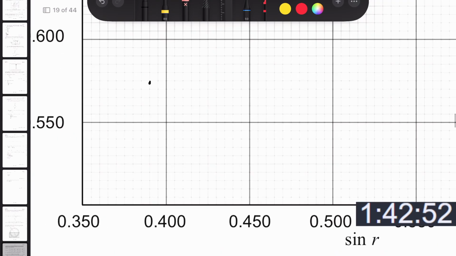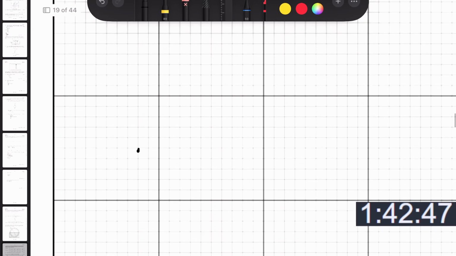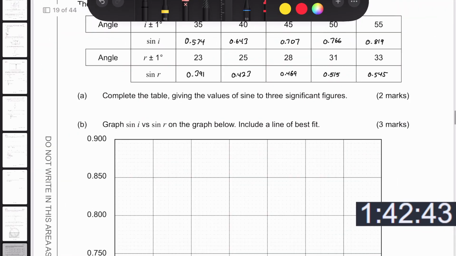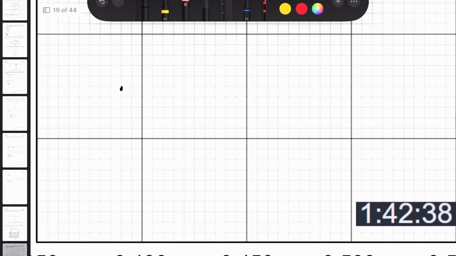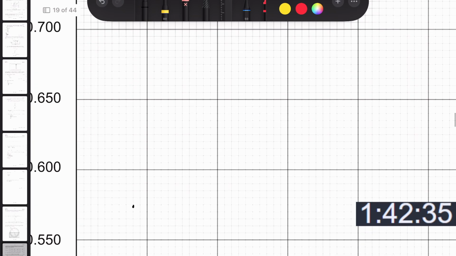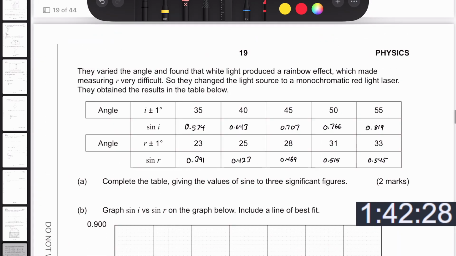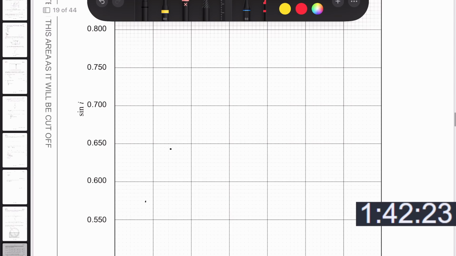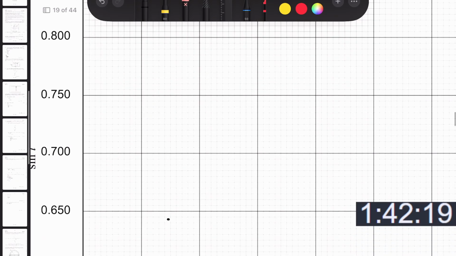And then 0.423, 0.643. What about there? 0.469, so I'll take 0.47 and 0.707.